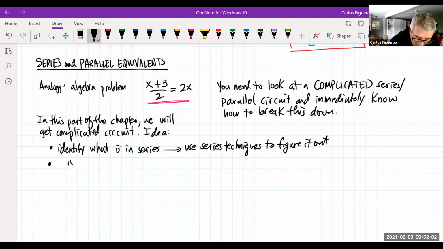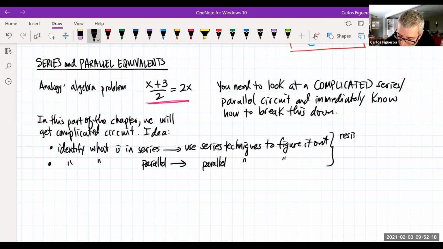And then you're going to have to identify what's in parallel. And once you do that, then you're going to have to use parallel techniques. And what you're going to see here is that this is all about resistor reduction. You have to be able to do resistor reduction so then you know what series technique to use, what parallel technique to use. And so I could use a second analogy here.